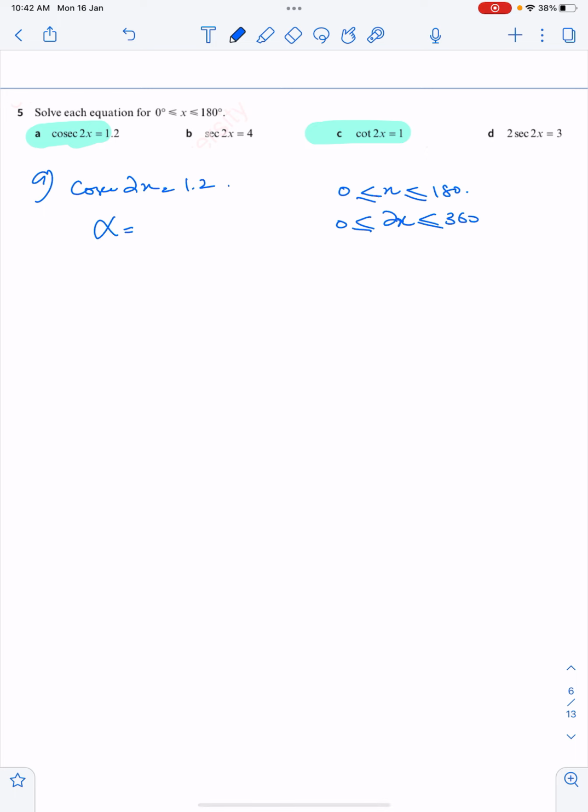First of all, I'm going to change cosec into sine. Reciprocating both sides, it will be sine of 2x equals 1 upon 1.2, which is 5 upon 6. Sine of 2x equals 5 upon 6. Now first of all I'm going to find out the basic angle.